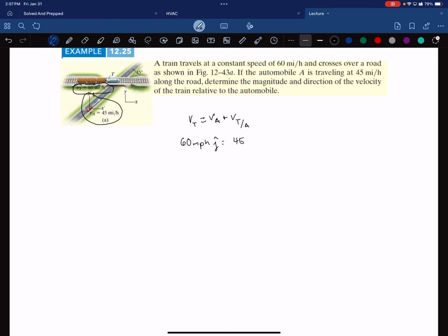So 45, and then we're going to solve for the velocity of T with respect to A.